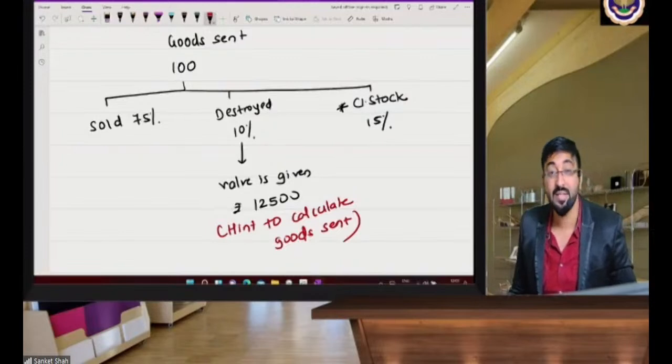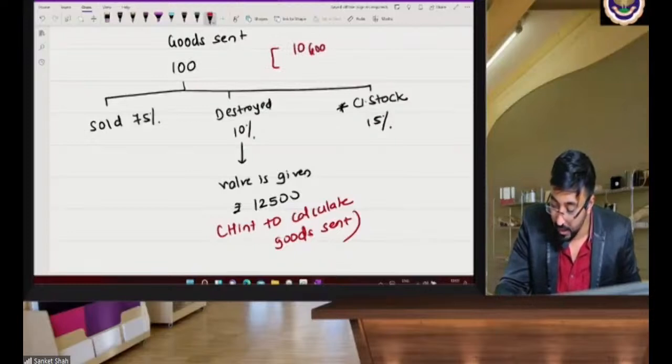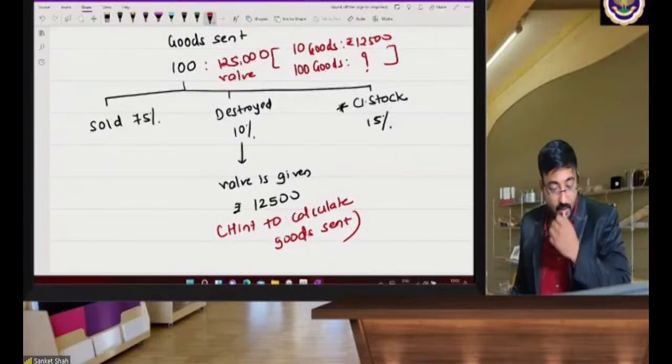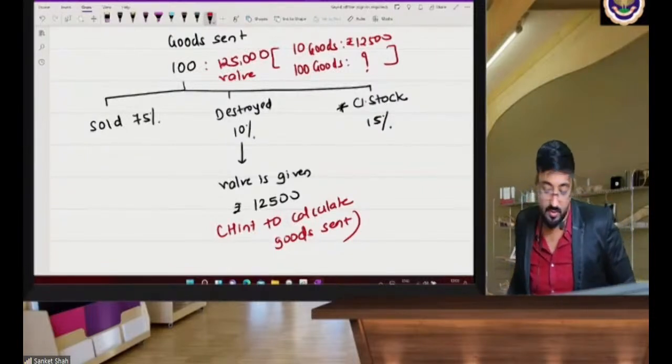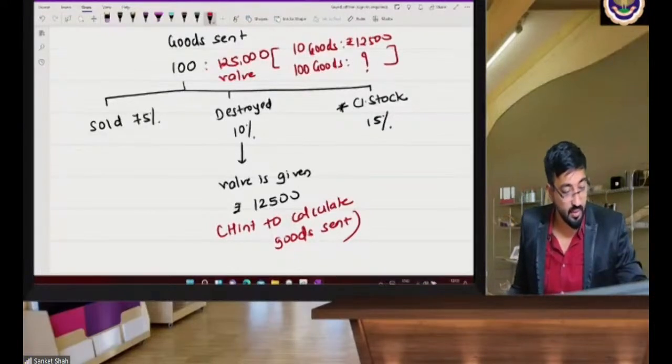In that case, how to calculate goods sent? For 10 goods, value is rupees 12,500. So for 100 goods, what is the value? And the value is 1,25,000. Abnormal loss is giving you the value.